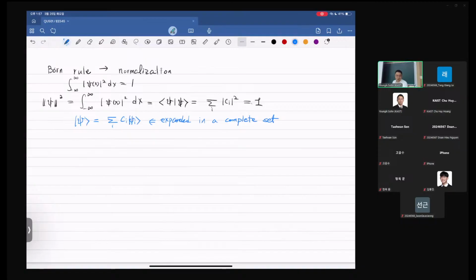So what I'm going to do is I want to say that if I change quantum state, let's be more specific, it's an electron. Let's say I want to change this electron's quantum state into something else. It can be anything, but the electron is there. Then whatever the new quantum state is, it still needs to satisfy the Born rule and needs to be normalized, because the electron is there. If you add up all the possibilities, it needs to add up to 1.